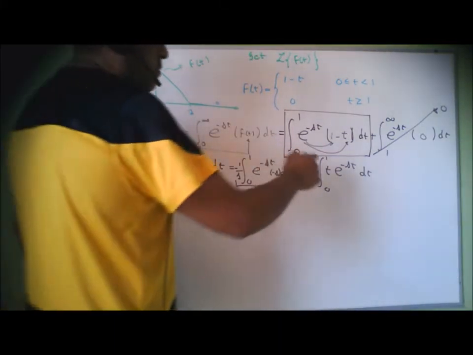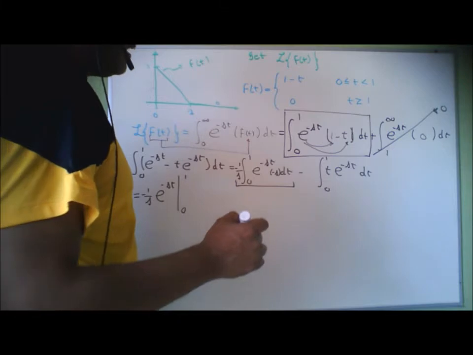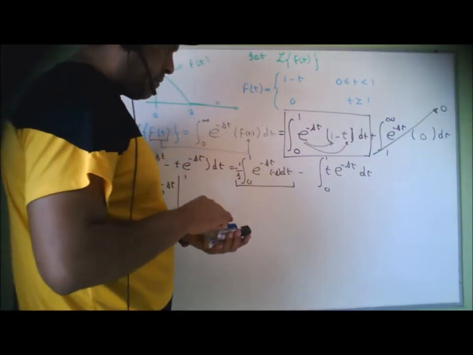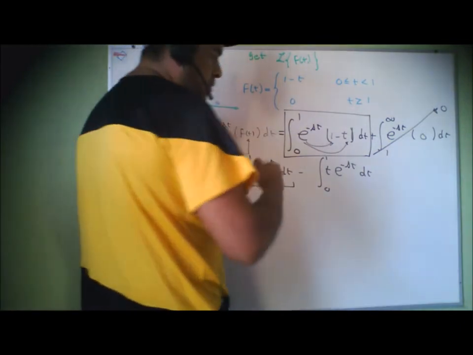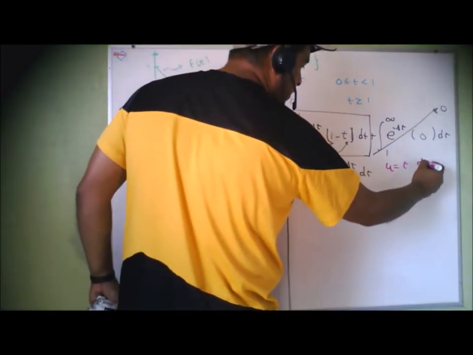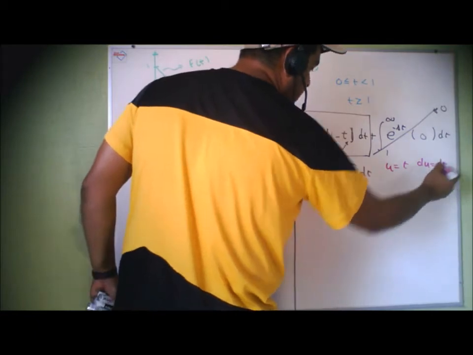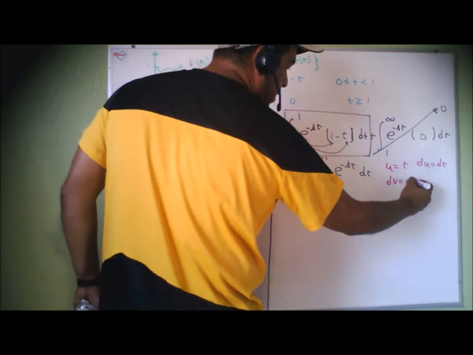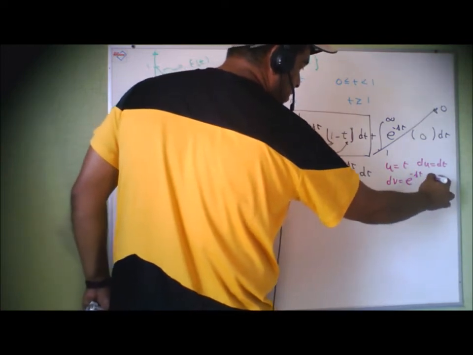Now for the other one, what we have to do is integration by parts. So let me do the integration by parts over here. I'm going to choose u equal to t, so du is equal to dt, and dv is equal to e to the minus st dt.